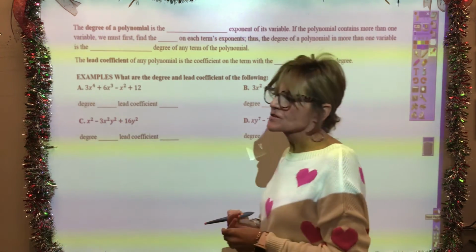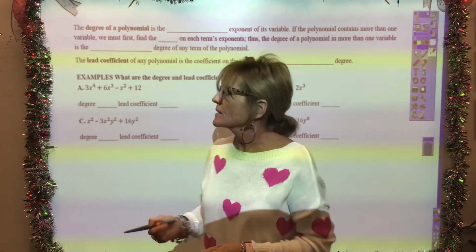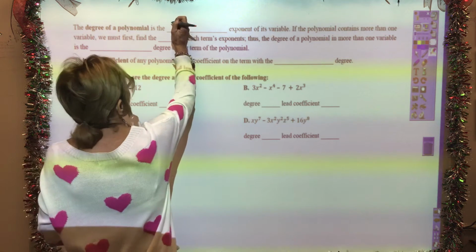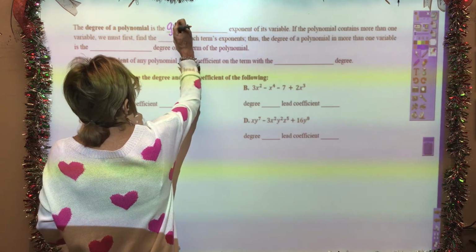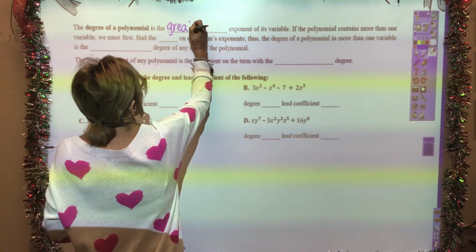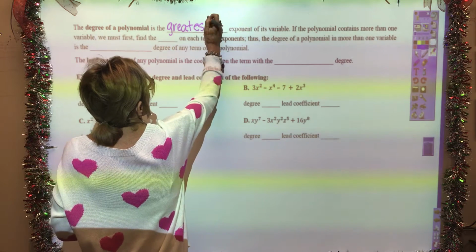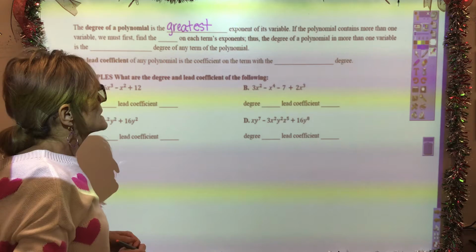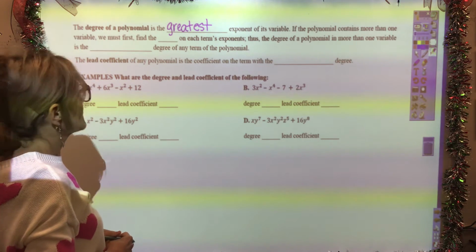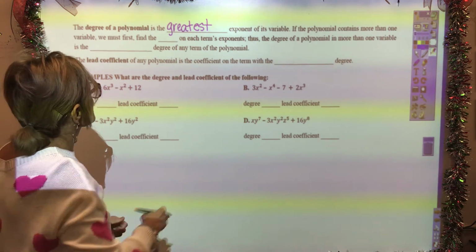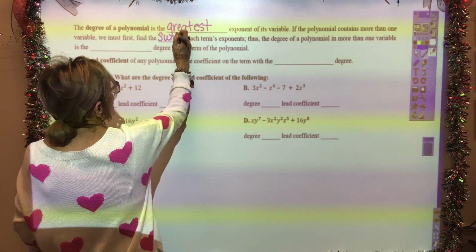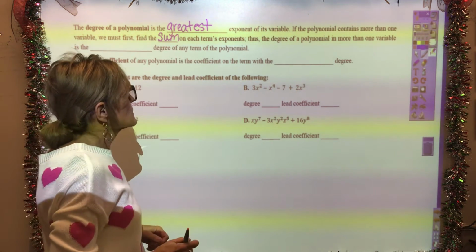Okay, so we're going to first of all talk about the degree of a polynomial. The degree of the polynomial is the greatest exponent of its variable. If the polynomial contains more than one variable, we must first find the sum of each term's exponents.